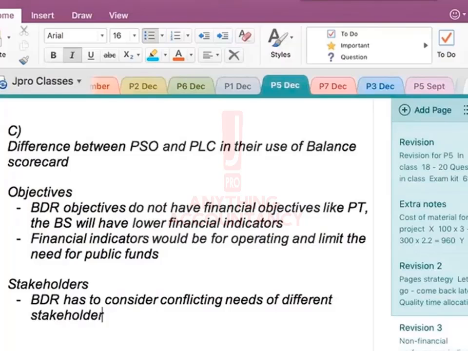Conflicting needs of different stakeholders. Whereas you look at PT, they only have to consider one stakeholder primarily. Who is it?